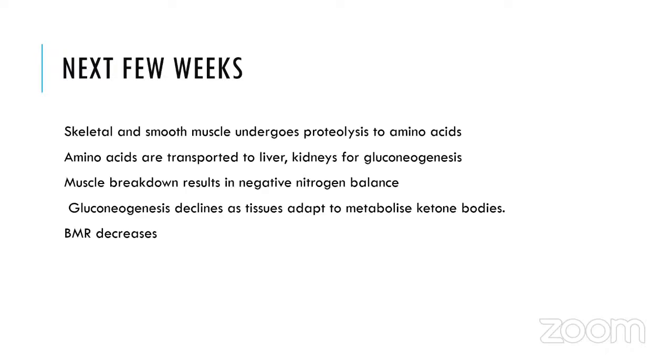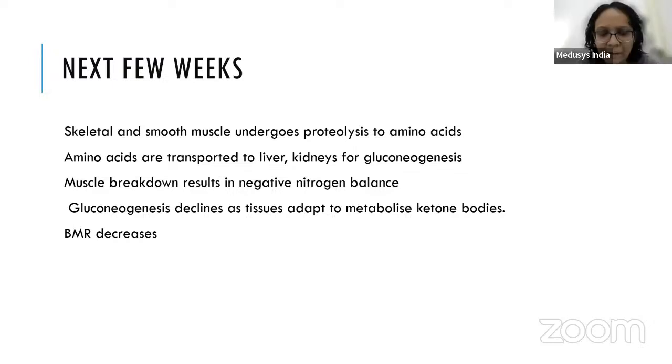What happens in starvation in the later part, the next few weeks, Dr. Adri? In the next few weeks, as I told, as the oxaloacetate amount is limited, the acyl coenzyme A will go on to produce ketone bodies in the liver, and now the brain will adapt to utilize the ketone bodies as the energy source.